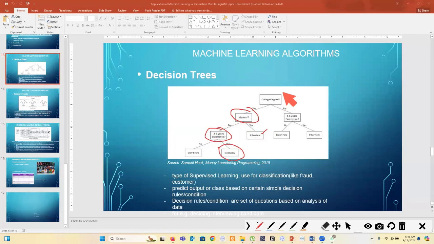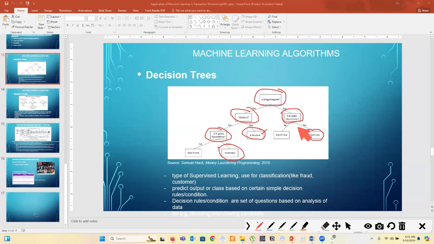And let's say the candidate has no college degree, then you want to see if the candidate has relevant experience or not. So the decision tree algorithm will ask whether this candidate has 5 or 6 years of experience. If yes, only then you will call him or her for interview, right?